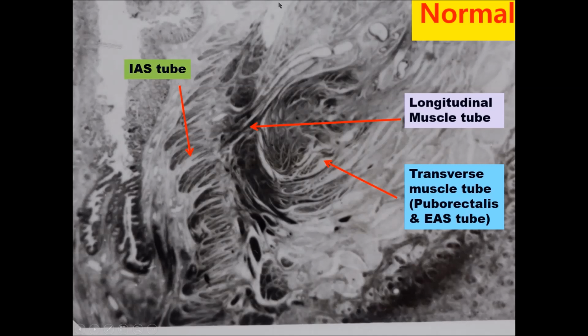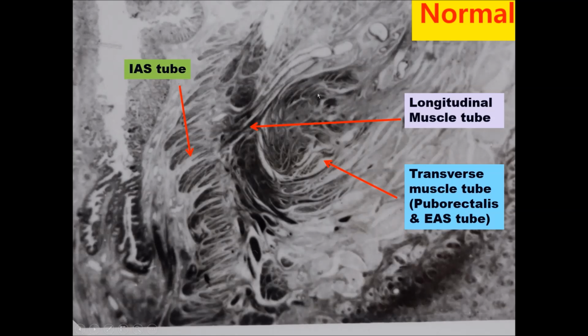This comes from the smooth muscle of the rectum. And this is the levator ani, the longitudinal fiber from the striated muscle of the levator, going to join with the longitudinal muscle of the smooth rectal muscle. They join together and end at the epidermis of the perianal skin.